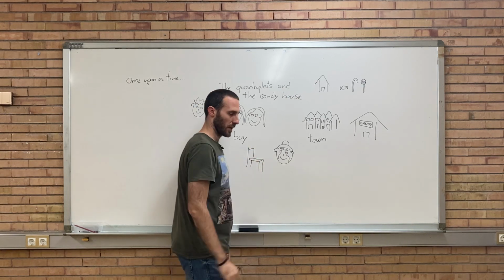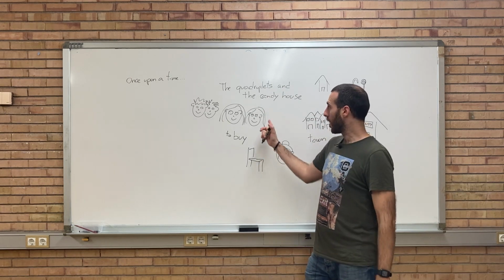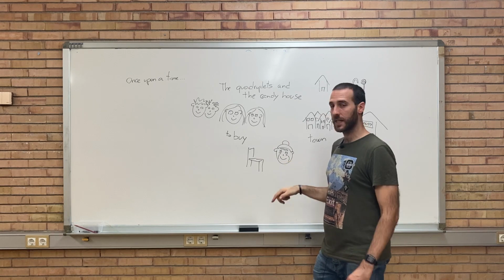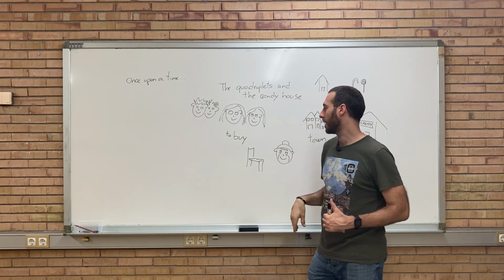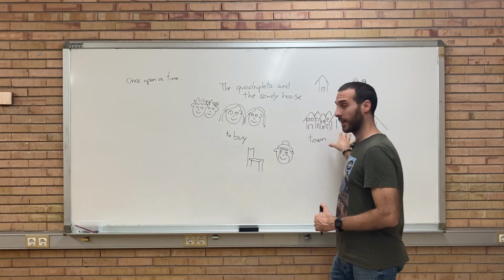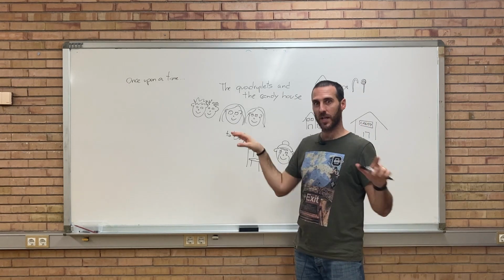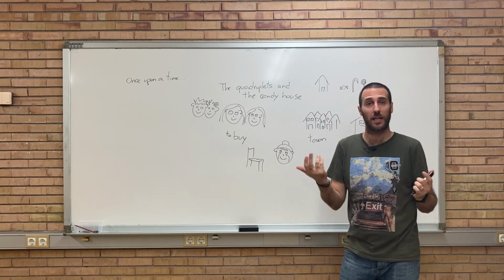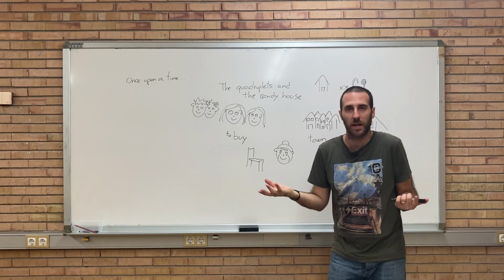She saw the quadruplets, and she said, okay, boys and girls, come here, come here. Do you like the candies that you see in the shop? And they said, yes, but we don't have any money. We cannot buy the candies because we don't have money.